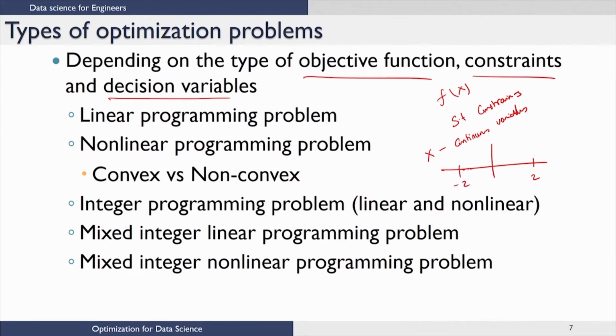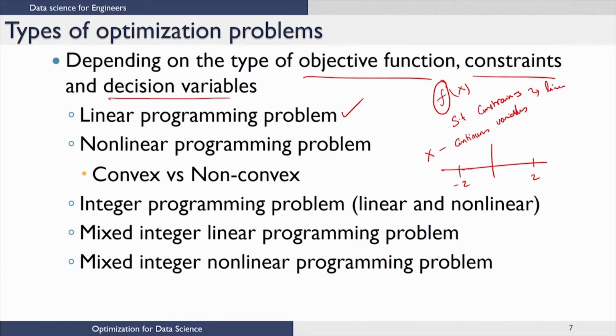So, if I have continuous variables like this, and if the functional form of this f is linear and all the constraints are also linear, then I have a type of problem called a linear programming problem. So, in this case the variables are continuous, the objective is linear and the constraints are also linear.